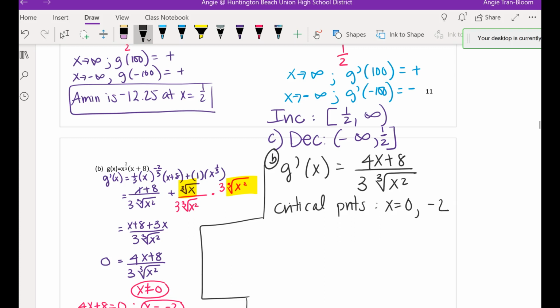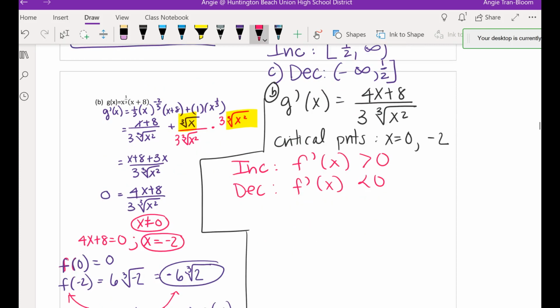Okay. Again, because it's just our second question on increase, decrease using derivative. Remind me the definition of increase again using derivative. F prime must be greater than 0. Decrease means F prime must be less than 0. Okay. And what that means is I'm going to draw out the graph, a line graph of F prime.